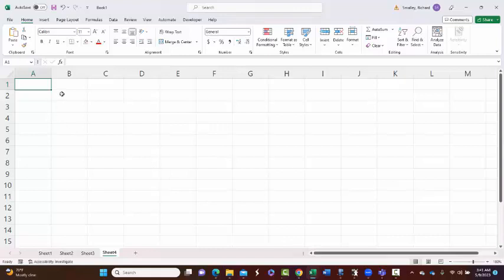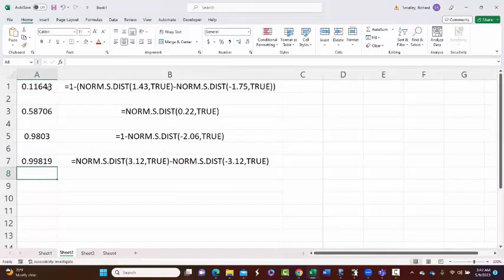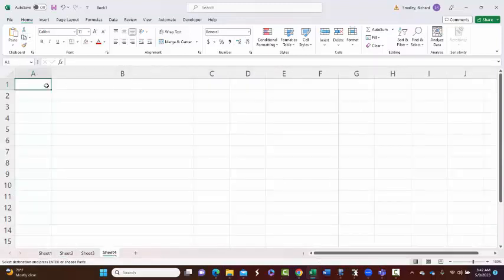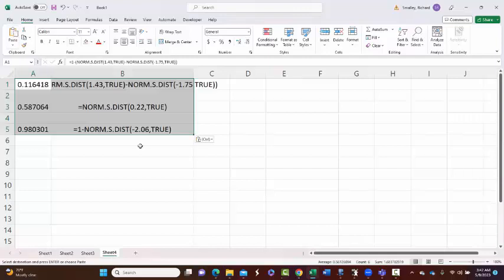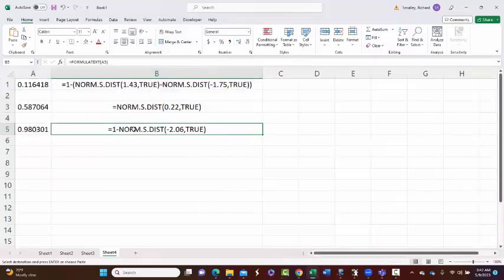So let's come over here, and I'll copy these, and I have to change them to NORM.DIST. Okay, so let's paste right there. So I want this 1 minus 1, the last one here.